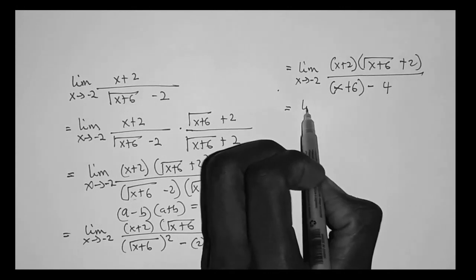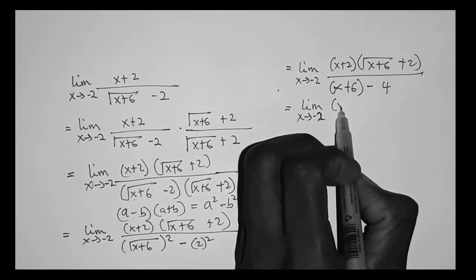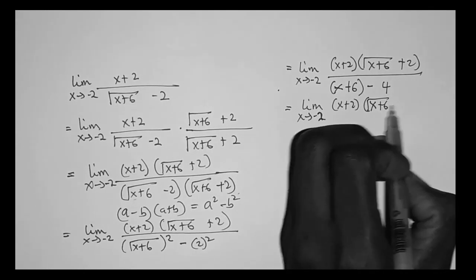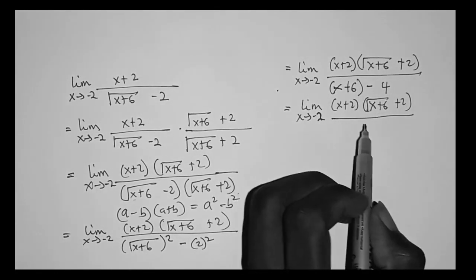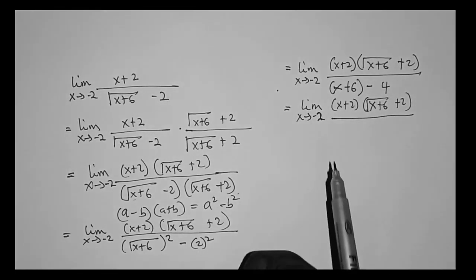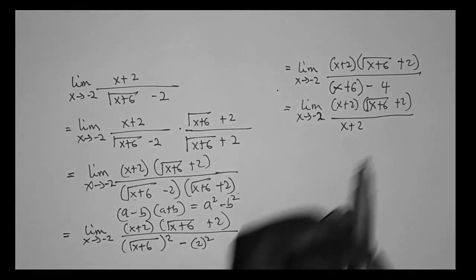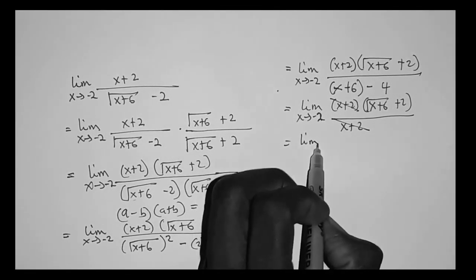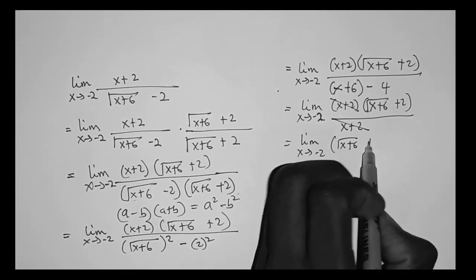So the denominator is just x plus 6 minus 4, and 6 minus 4 is 2, so the denominator is x plus 2. Now this x plus 2 and x plus 2 can cancel out. So we are left with the limit as x approaches minus 2 of square root of x plus 6 plus 2.